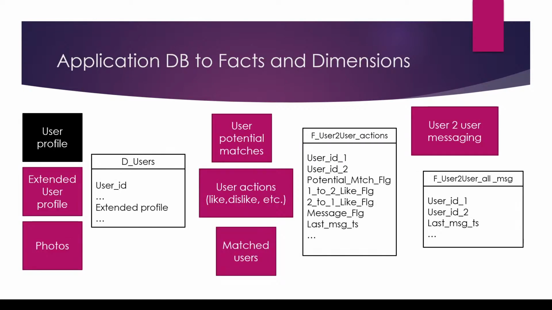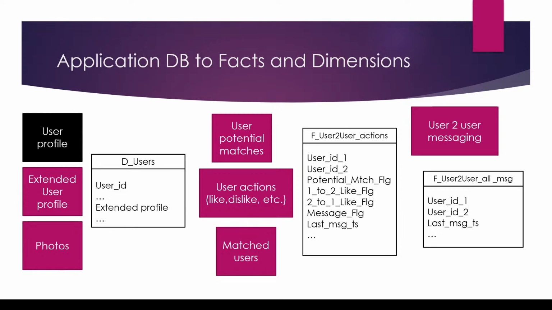So the way I saw this is, there's probably one dimension table for users with all the user profile information, the photo link, the extended user profile. That would be a dimension. There'll probably be two facts. One with the user potential match, like all the user to user actions, whether it's matched users, potential users, and user actions, whether they like something or dislike something.